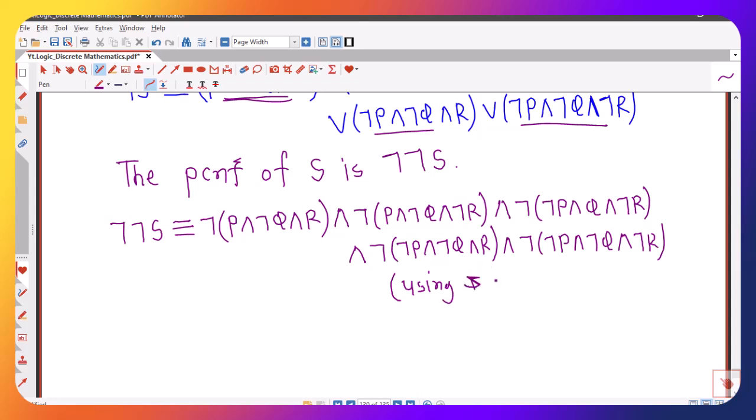We have to repeatedly apply De Morgan's law.